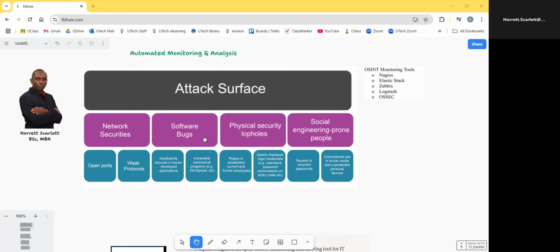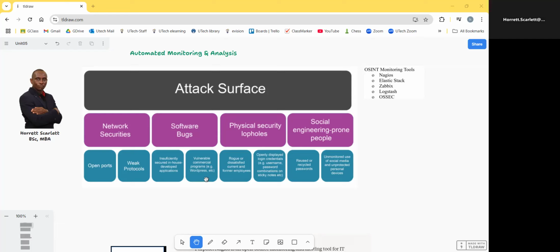In terms of the software that we have on our system, some of these have loopholes or backdoors which need to be closed. So we have to look at that. In addition, we're not just talking about the applications which are built by the organization.